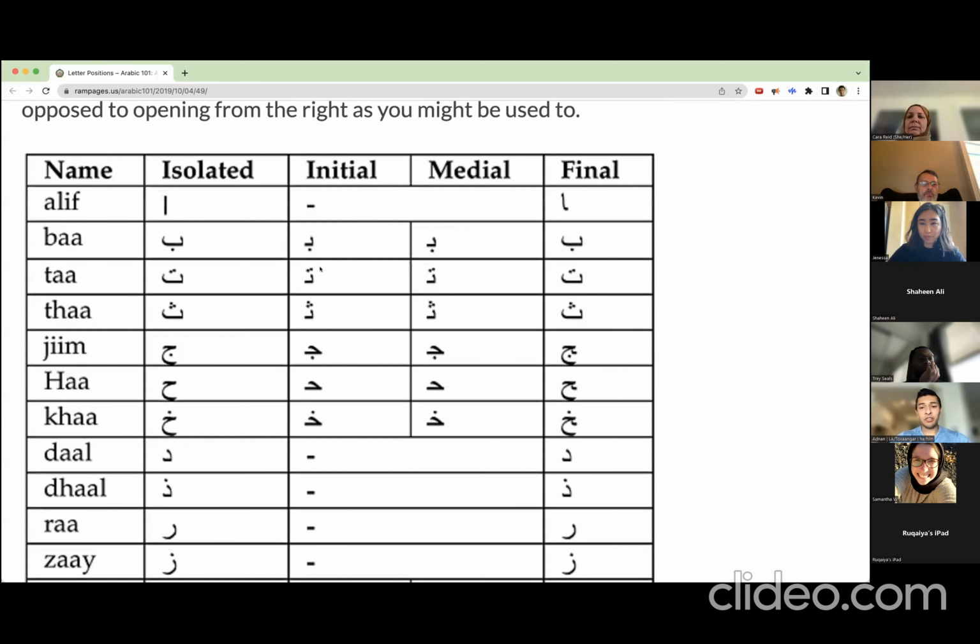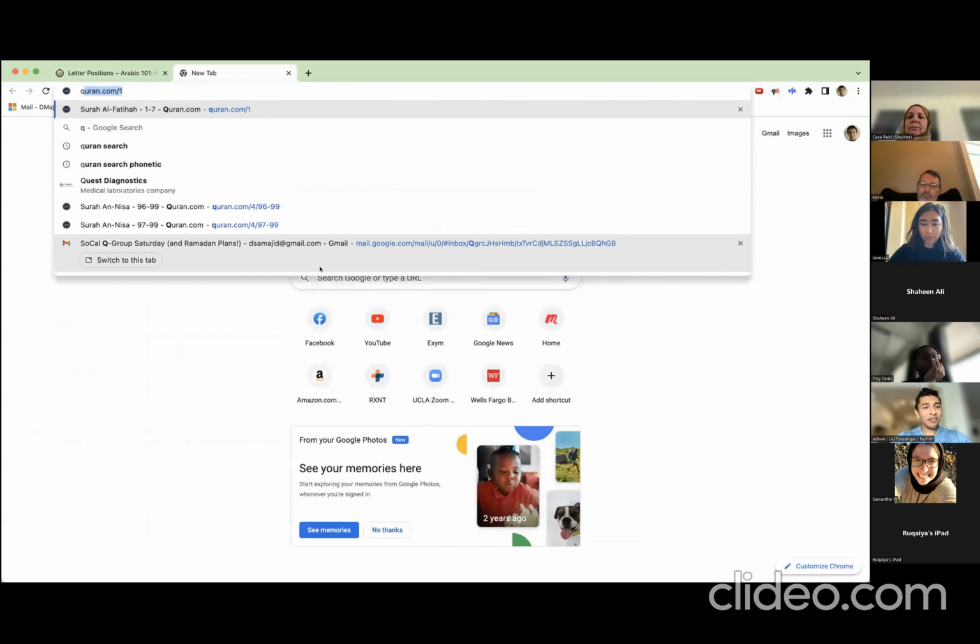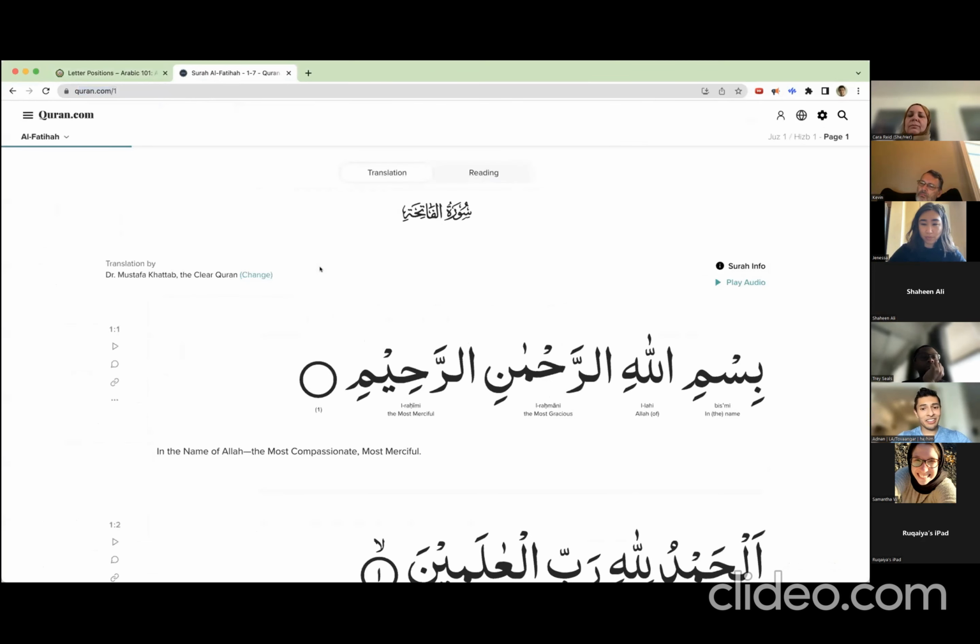But the main resource that we'll be using today is Quran.com. And I'm actually very impressed now that I look into the various resources on Quran.com. Very accessible website. And then we're on chapter 1, Surah Fatiha.